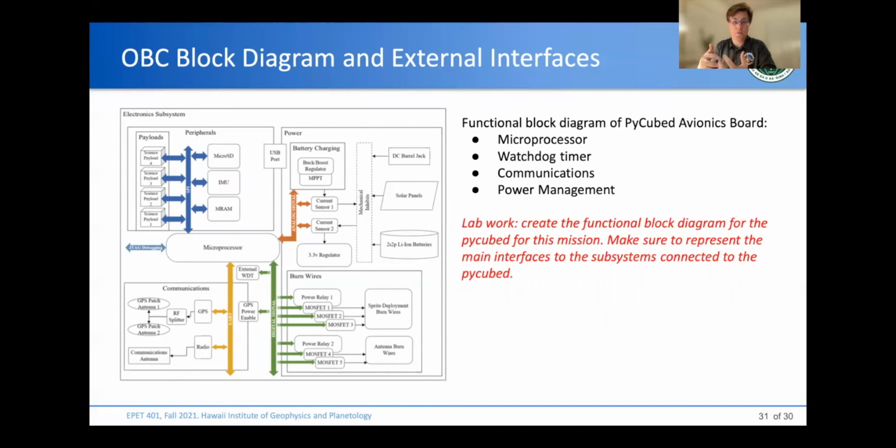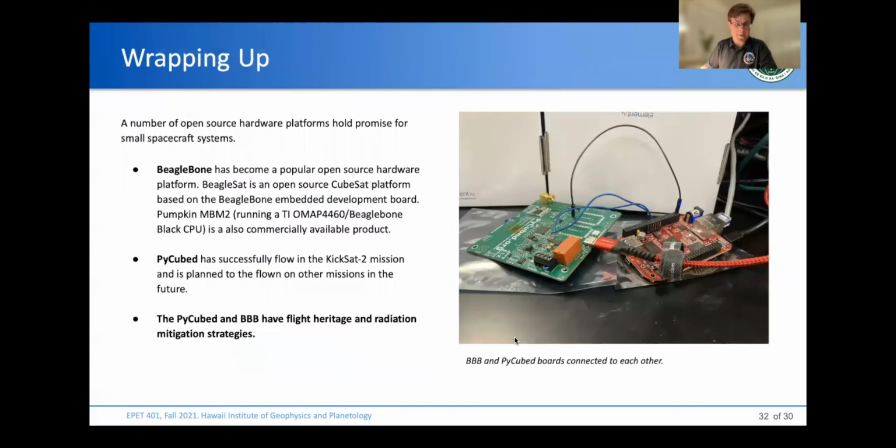This will help you implement some of these mitigation strategies that we discussed, and also help you understand how everything connects to everything. It's useful for software development, hardware development, etc. I've listed here some lab work that you can do to implement these diagrams.